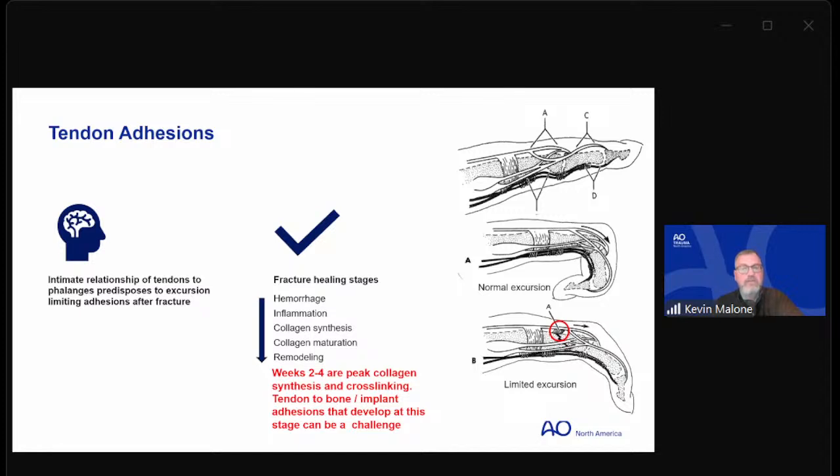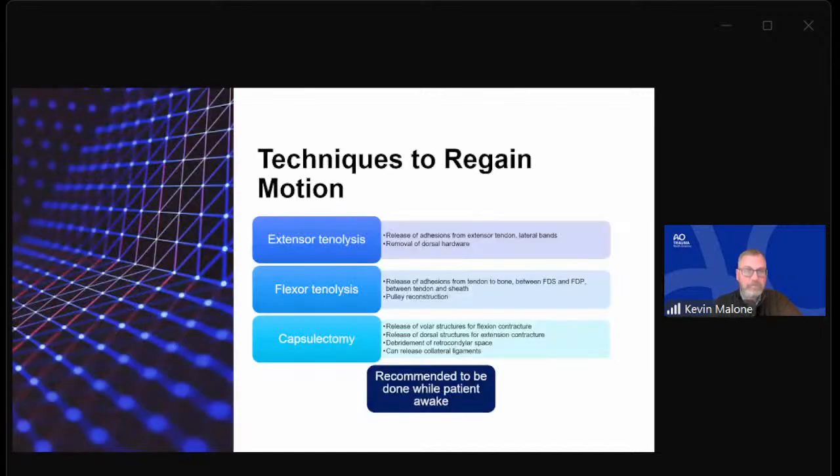So if we are able to mobilize patients through weeks 2 to 4, that is great. But some of the implant choices that we may make, or some of the soft tissue injuries that may be experienced by these patients as part of the injury, may limit how much we can mobilize these patients in this critical time zone.